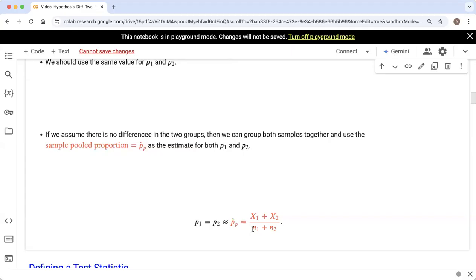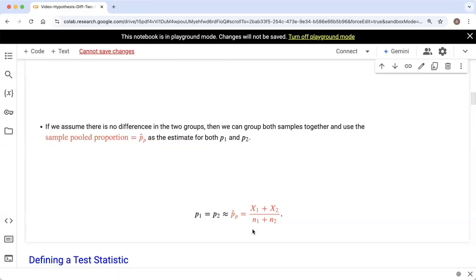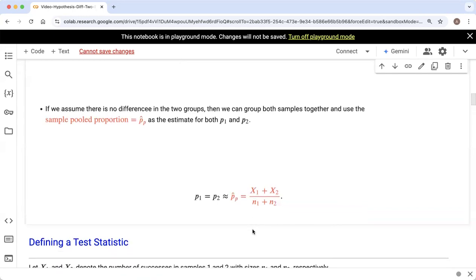So we pool together the total number of successes, X1 plus X2, divided by the total number in our pooled samples, N1 plus N2. That's what we're going to use for both P1 and P2 when we estimate the standard error in our null distribution.